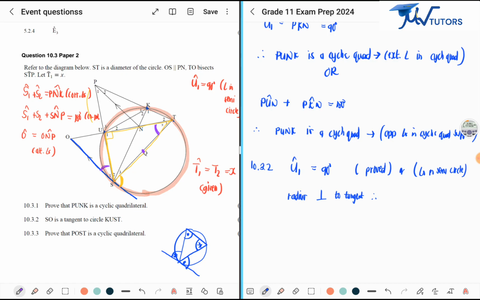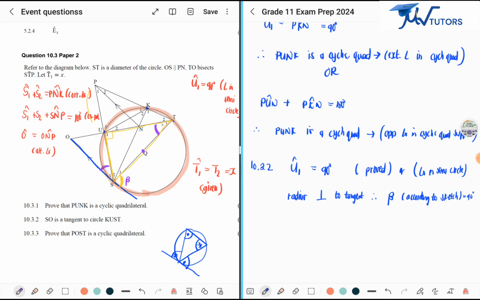Therefore, QS, yeah, what do I name this angle? That's the thing. Maybe let's name it beta according to the sketch. So therefore, beta according to sketch is equal to 90 degrees.